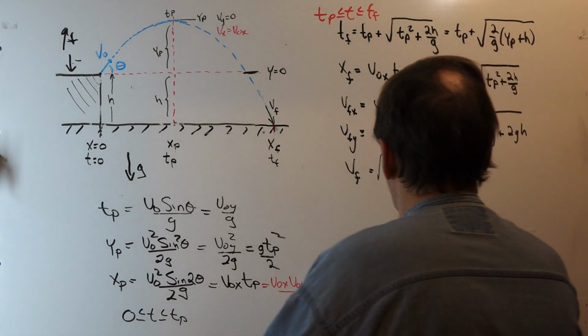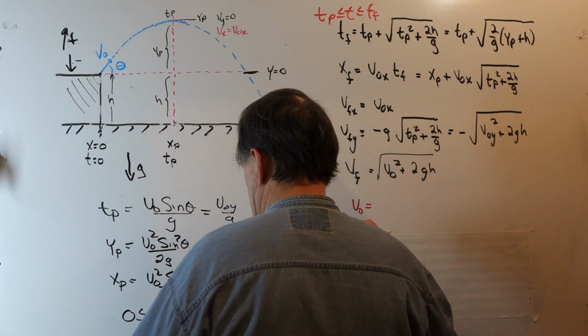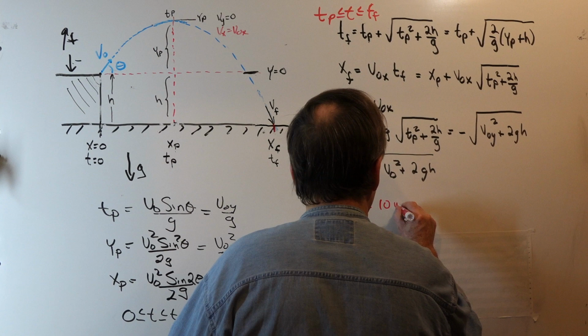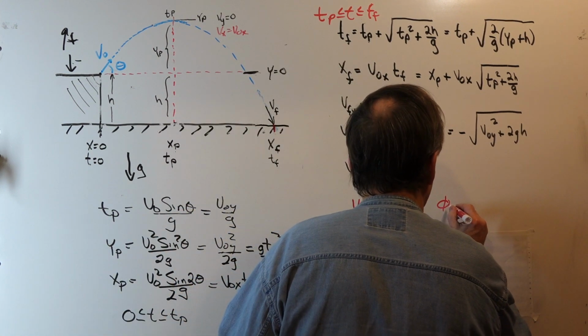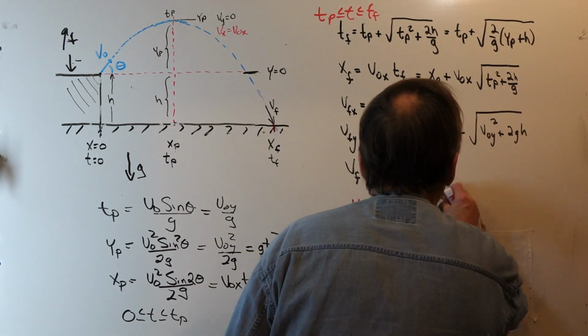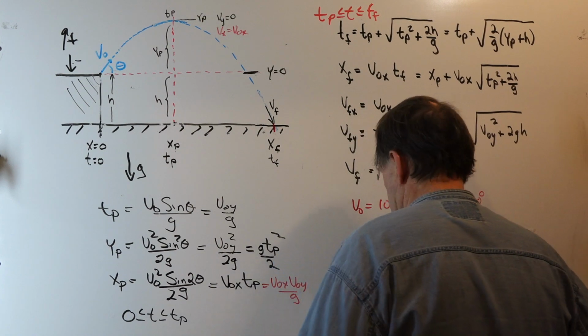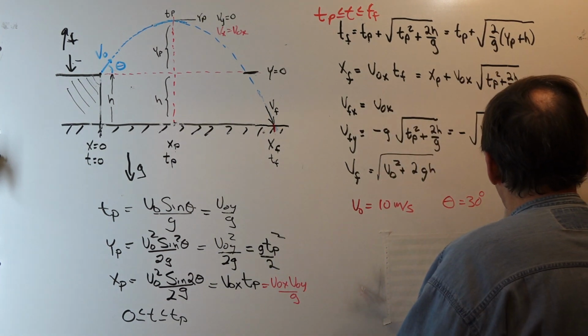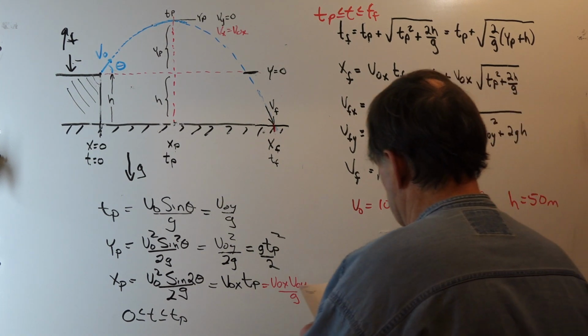Now, remember, the initial problem is that the initial velocity is 10 meters per second. The angle theta is 30 degrees. The height of the building is 50 meters.